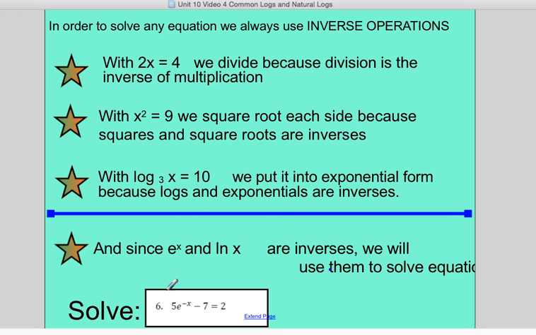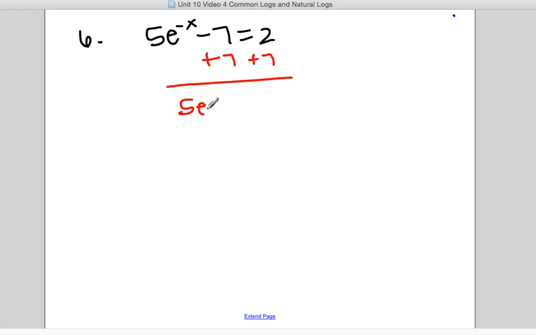So number 6, I might just go ahead and rewrite this. And do it on here. So problem 6, we have 5e to the negative x minus 7 equals 2. Okay, what I need to do is get my e all by itself before I can do anything else. So I'm going to first add 7. So I have 5e to the negative x equals 9. Then I'm going to divide by 5.